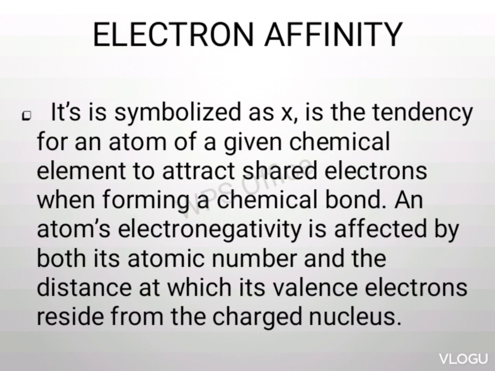Electron affinity is symbolized as X and is the tendency for an atom of a given chemical element to attract shared electrons when forming a chemical bond. An atom's electronegativity is affected by both its atomic number and the distance at which its valence electrons reside from the charged nucleus.